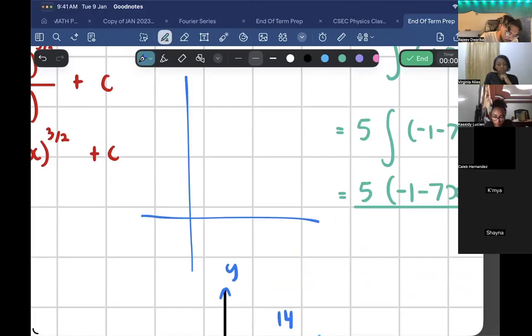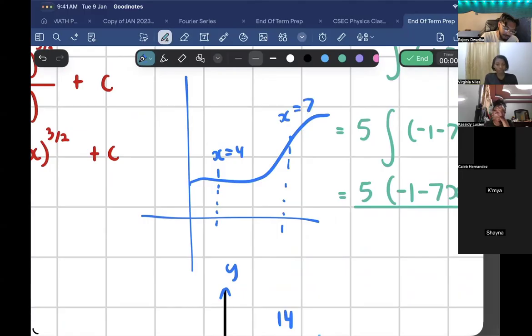Let's say you had a graph like this, and you had x is equal to 4 and then x is equal to 7. Do you think you'll be able to do that same trick as easily over here? No, you wouldn't be able to do that. You'd be able to find the change in x really fast. This change in x is 3.